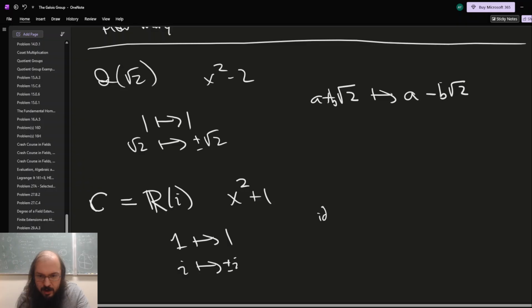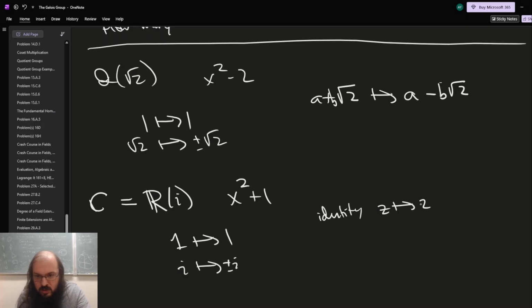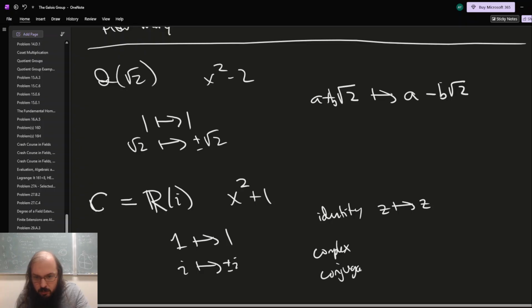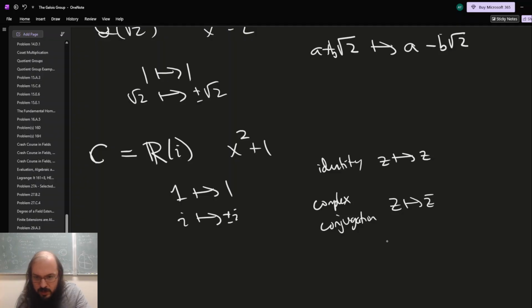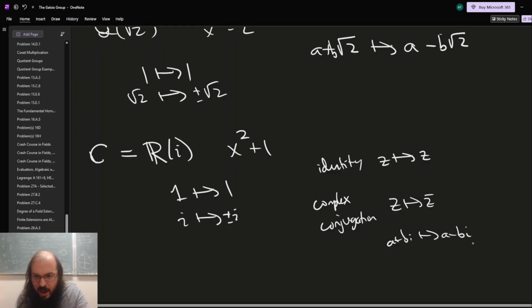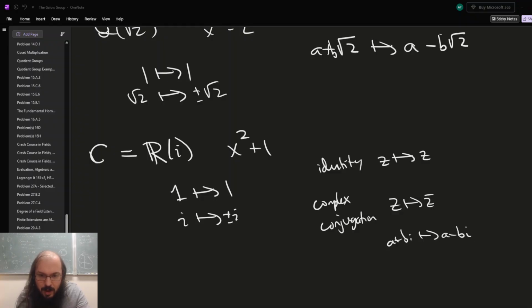So you have the identity, z goes to z, since we often use the letter z for complex numbers, and complex conjugation, z goes to z bar. Or writing this out, if you're not familiar with the notation, a plus bi is transformed to a minus bi. And that's all there is to this.